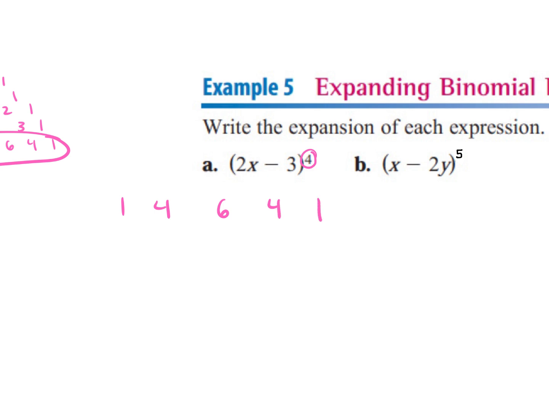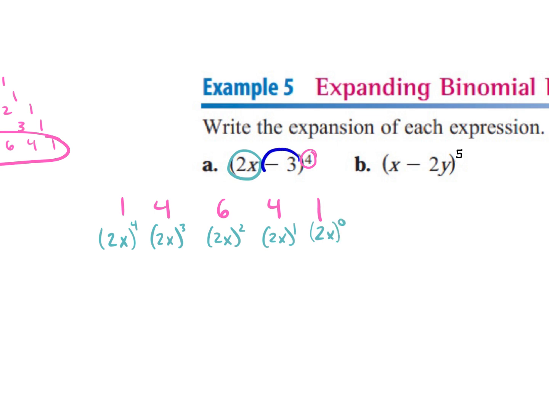My first term here is 2x. So I have 2x to what power? To the 4th power. Then 2x to the 3rd power. 2x to the 2nd power. 2x to the 1st power. And 2x to the power of 0.